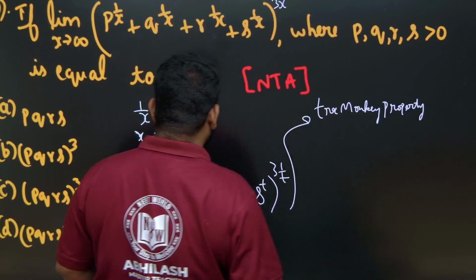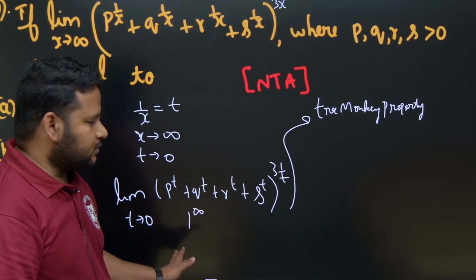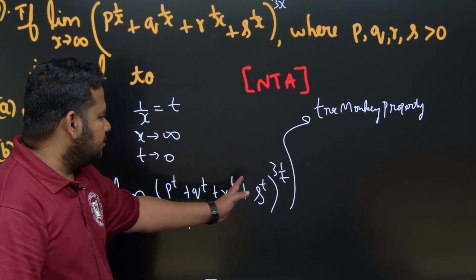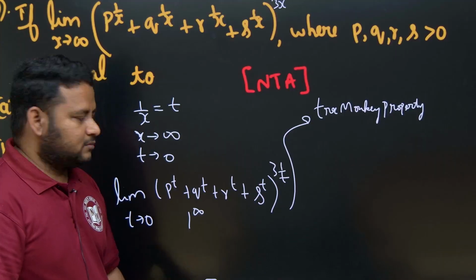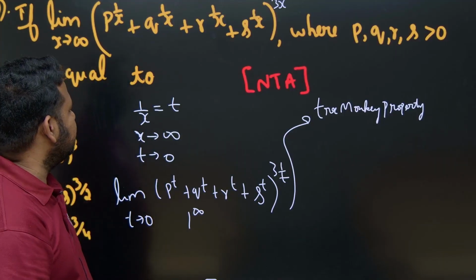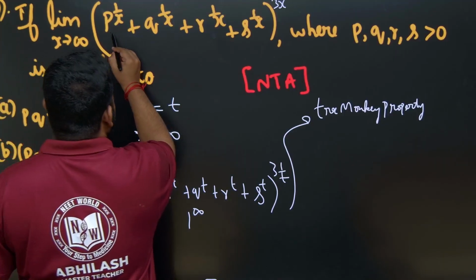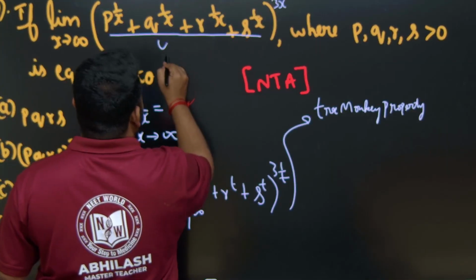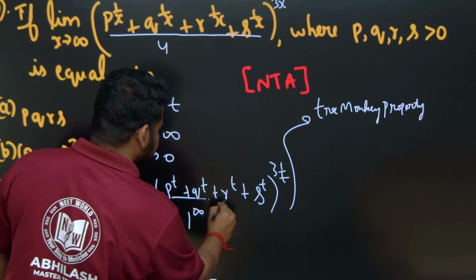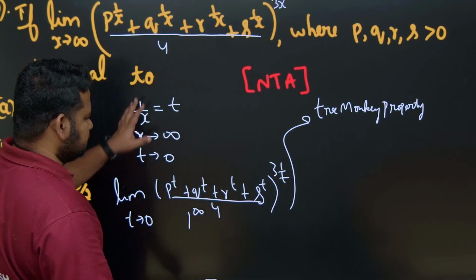So this will become what? The monkey will come down, and from this we have to subtract that value. This whole thing is divided by 4 in the question; that is missing.